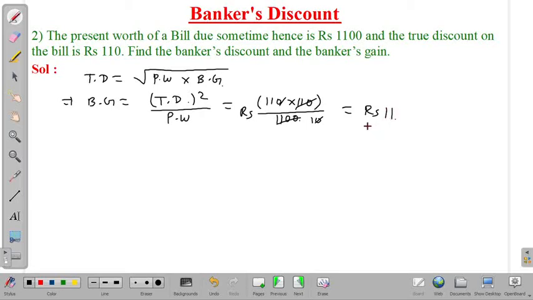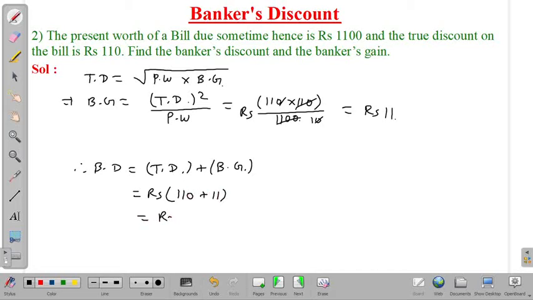Now we know the true discount and we know the banker's gain, so we can calculate the banker's discount. Therefore, banker's discount is equal to true discount plus banker's gain. After adding, rupees 110 plus 11 equals rupees 121 is the banker's discount.